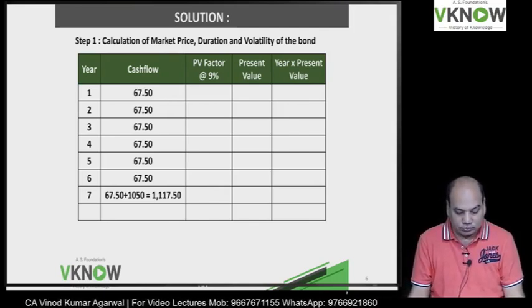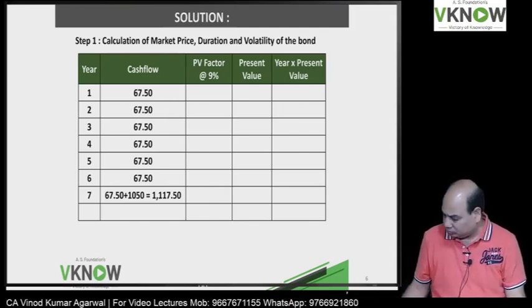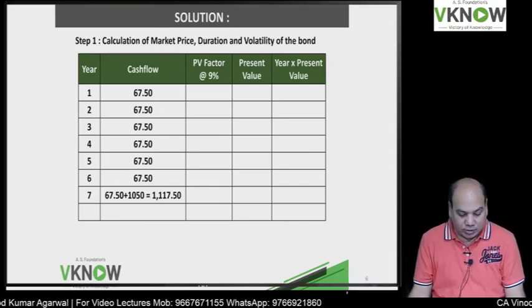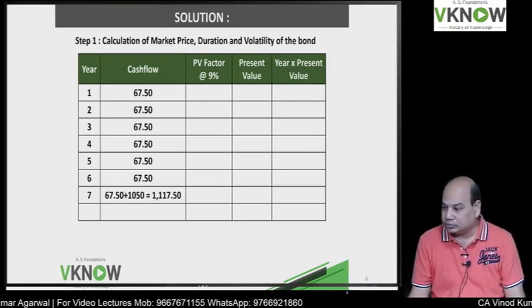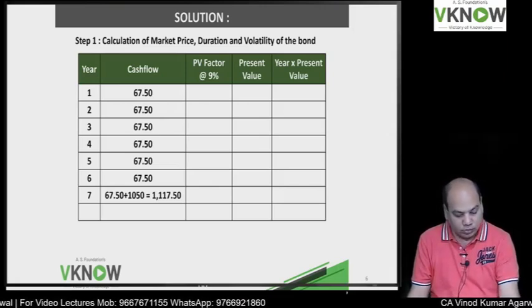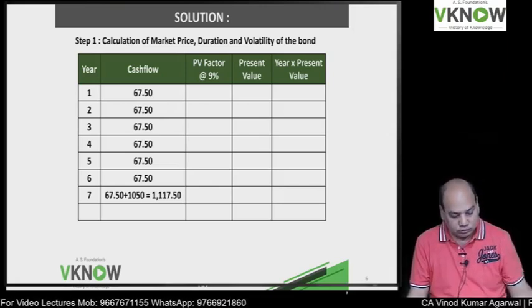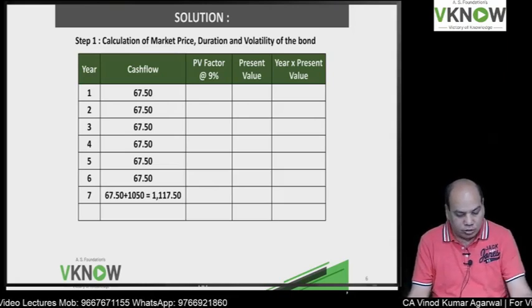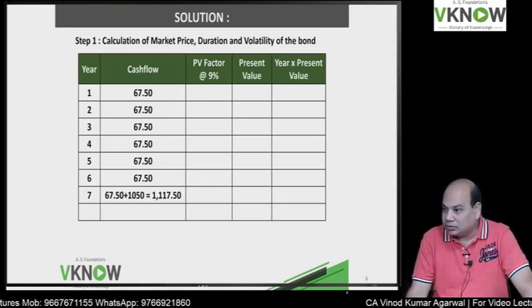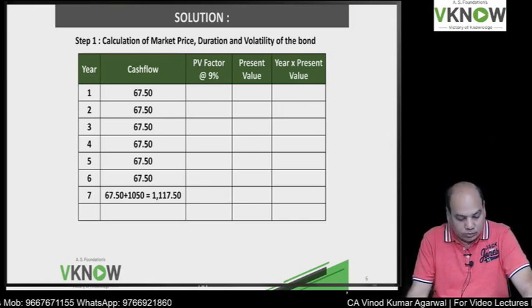Year, cash flow, PV factor at 9%, which is the YTM, present value, and year into present value. Okay.